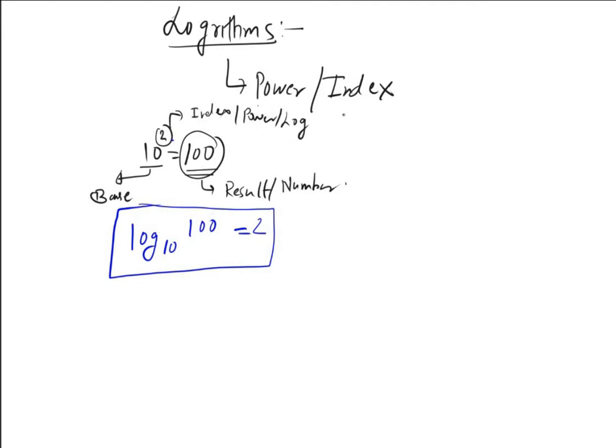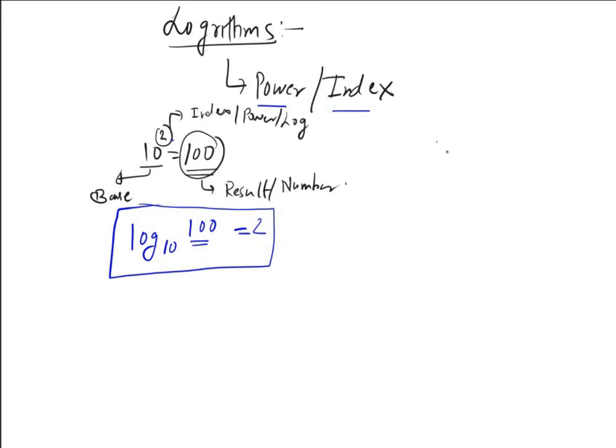It's what I said right at the start. So whenever you're trying to find a log, you are actually trying to find a power of a base that should give you this.